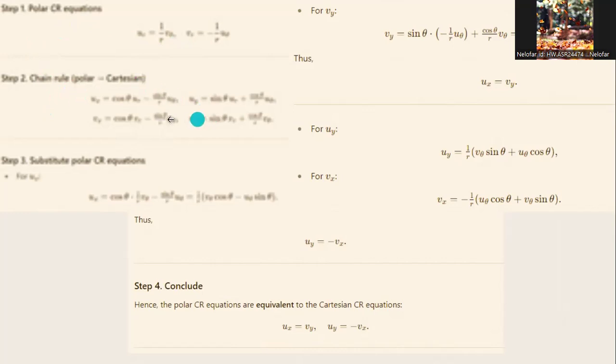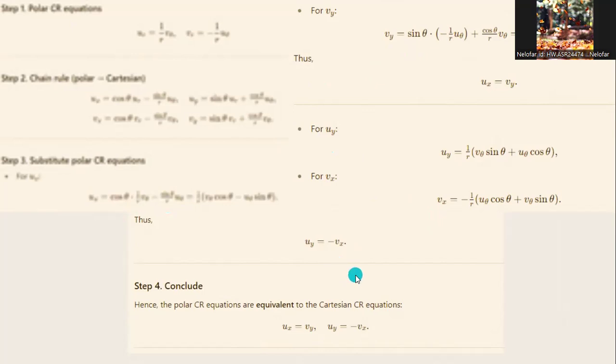From u theta and ur, we are going to ux and uy and vx and vy. Over here, we are going to substitute these polar CR equations. We get this form for ux, and this is for vy, and for uy this, and for vx this.